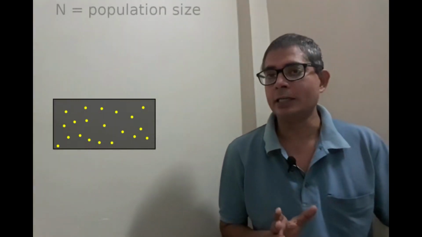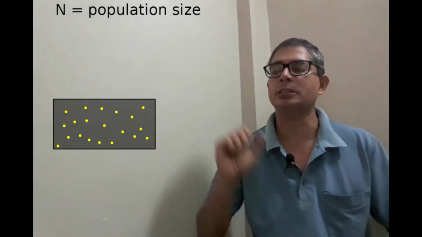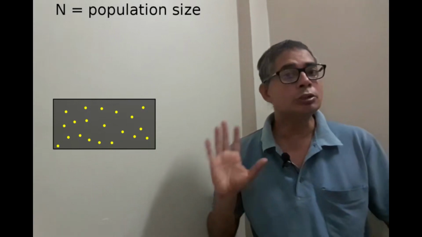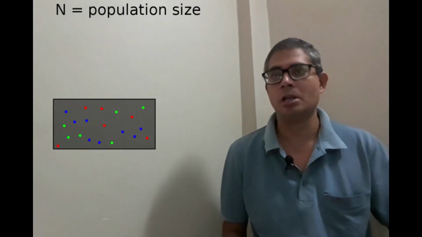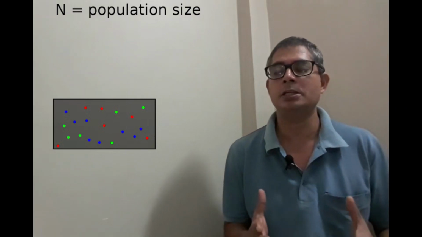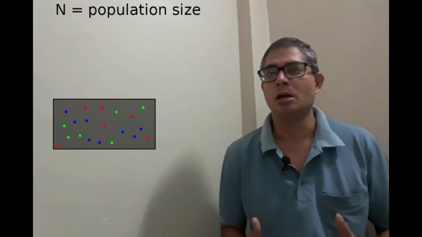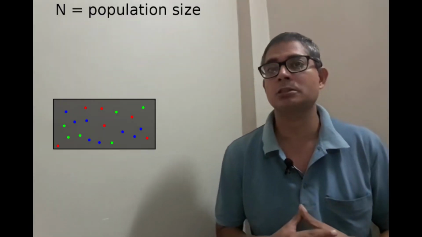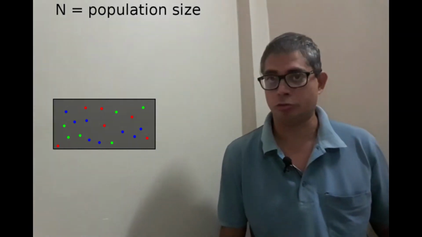We start with a population of individuals, say all the students in a college. Let the population size be N, that is the number of points that you see here. These students are partitioned by the value of some categorical variables like blood group A, B, and O, or maybe gender, male and female, or COVID vaccination status: not vaccinated, vaccinated once, vaccinated with a booster dose.